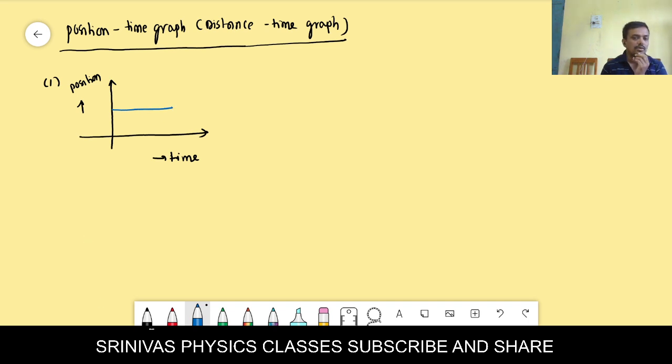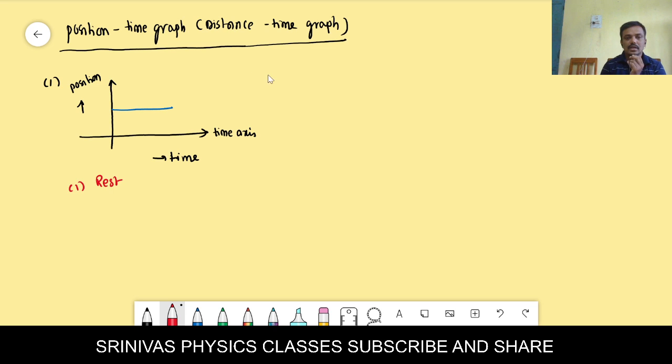In a question, if the position time graph or distance time graph is a straight line parallel to the x-axis or the time axis, then what does it indicate? Position does not change, and that is said to be a rest body. This is the graph for rest.